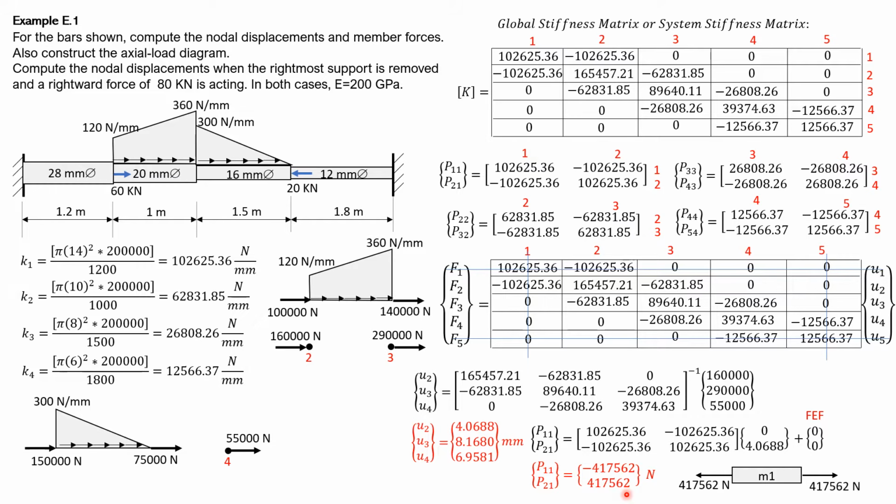So to determine the end forces, if the end forces are equal but opposite in sign, the type of stress that the member experiences is manifested by the sign of the second value. So it is in tension, because the meaning of negative 417,562 is leftward, and this is rightward at the other end, so the member will be stretched, so it is in tension.